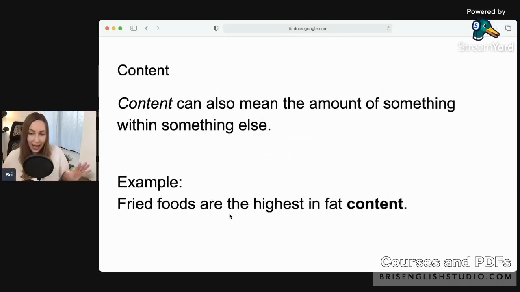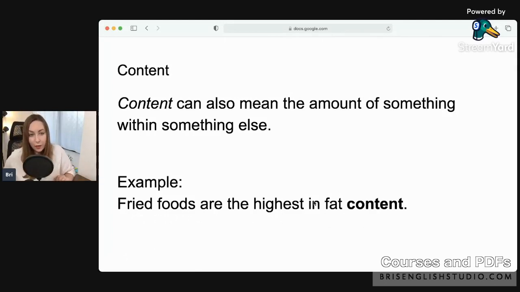Content without an S can also mean the amount of something within something else. So when we talk about the amount of something contained in something else, usually this is about food, okay? So for example, fried foods are the highest in fat content.